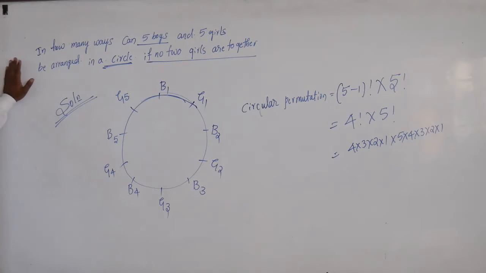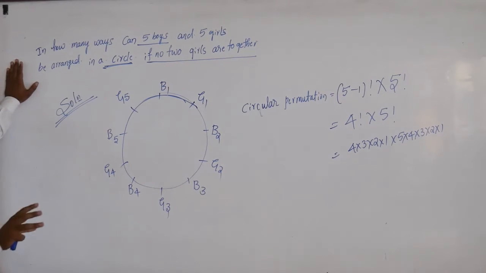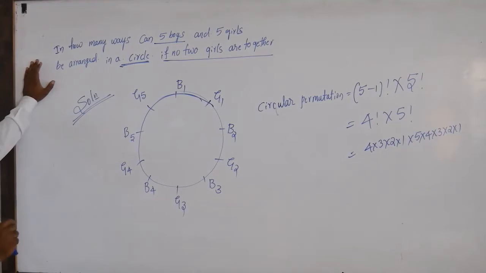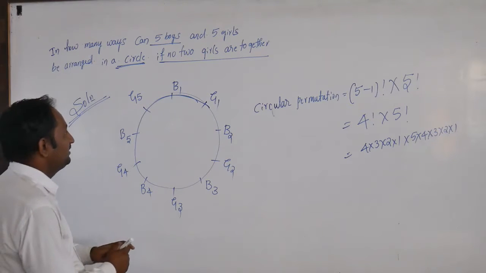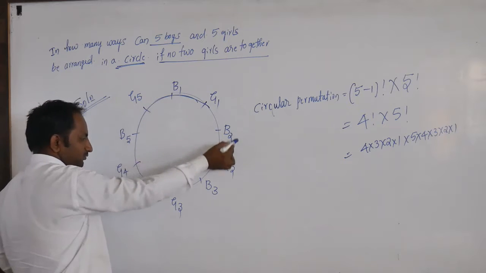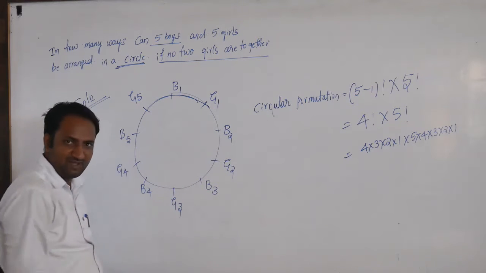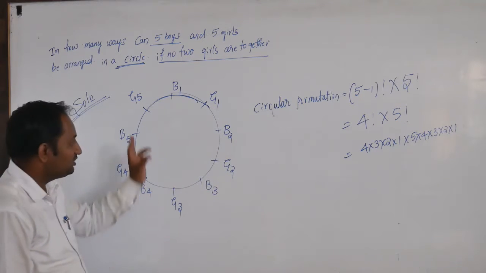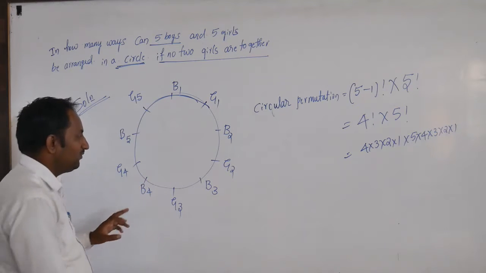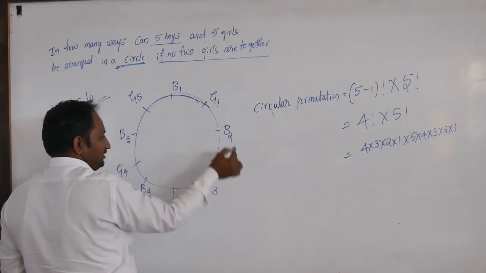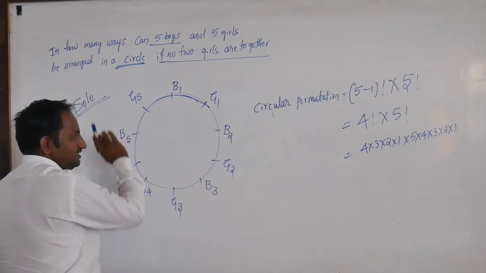In how many ways can 5 boys and 5 girls be arranged in a circle if no 2 girls are together? Consider B1, B2, B3, B4 and B5, 5 boys arranged in a closed circular form. Among these 5 boys we can arrange G1, G2, G3, G4 and G5.